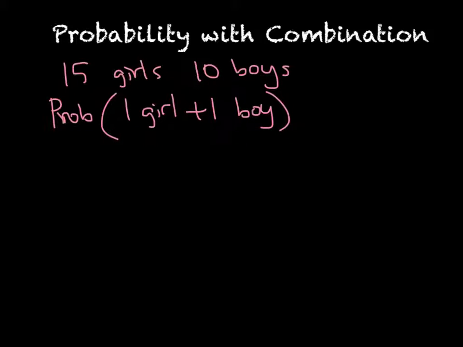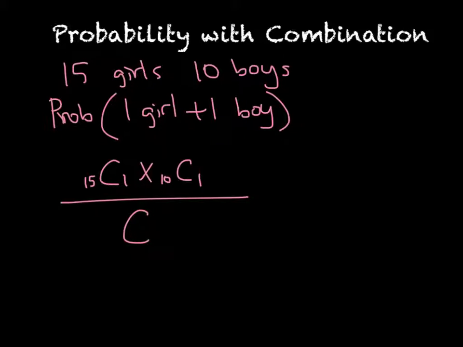We could do this by recalling from our last lesson example that the number of ways a teacher can choose 1 girl and 1 boy is combination 15-1 times combination 10-1, and the total number of ways she can choose 2 students is combination 25-2. So now this expression gives us the probability that we get 1 girl and 1 boy out of the 2 people that we choose.